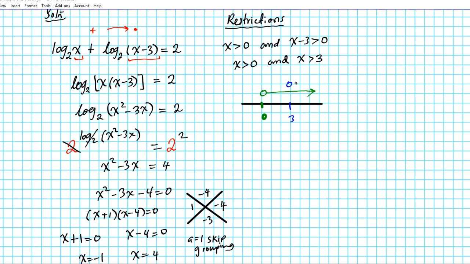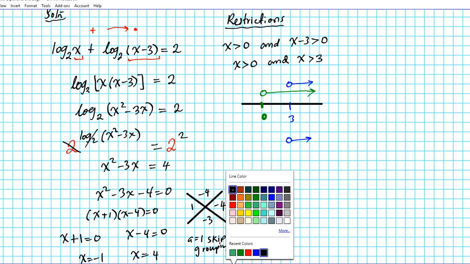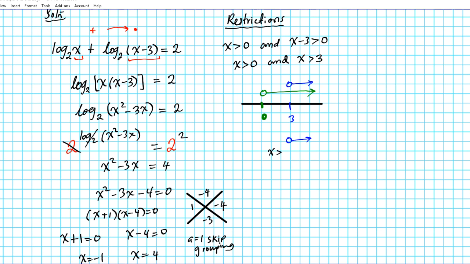When you find the intersection, your answer is going to be x is greater than 3. So this is the interval that satisfies both. The domain restriction on the problem is x is greater than 3.